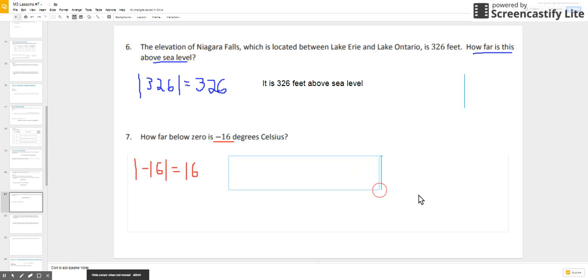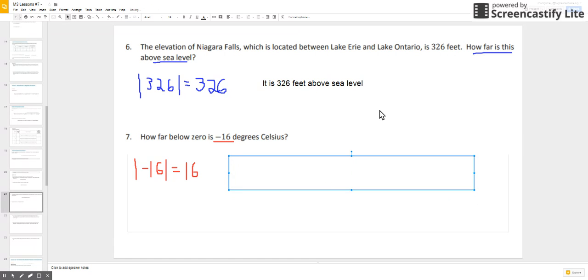We can simply say that -16 degrees Celsius is 16 degrees below zero. Since it's a negative, we're talking about the magnitude of 16 degrees below zero. We don't ever say that a magnitude is a negative number. Magnitude, like absolute value, is always positive.